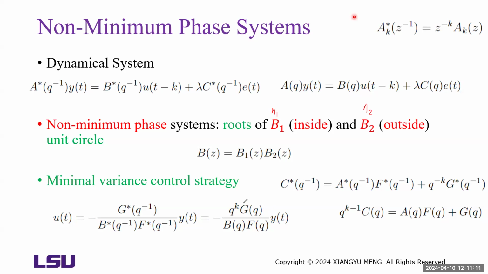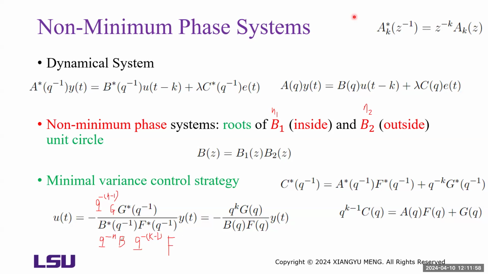G is a polynomial of order n minus 1, so G star is q to the negative (n minus 1) times G. Polynomial B is of order n, so B star will be q to the negative n times B. The polynomial F is of order k minus 1, so F star is q to the negative (k minus 1) times F.